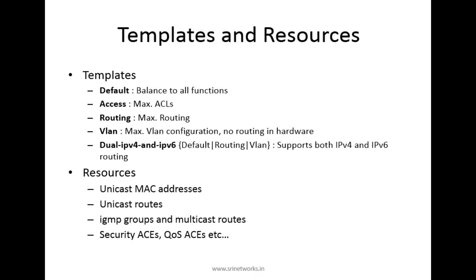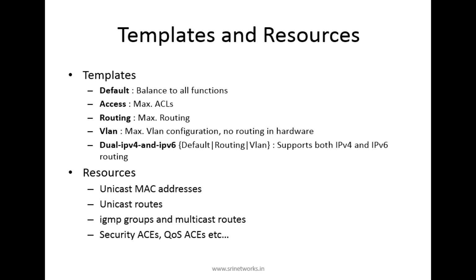The VLAN template maximizes your VLAN configuration, but if you enable this, there is no routing in the hardware. What will dual IPv4 and IPv6 do? It supports both IPv4 and IPv6 routing, and you have an option even with dual IPv4 and IPv6 whether you want to use the routing template or the VLAN template for this. And what are the resources that each template contains?